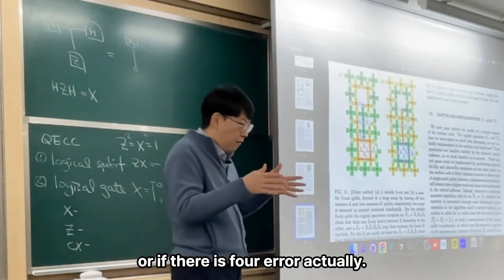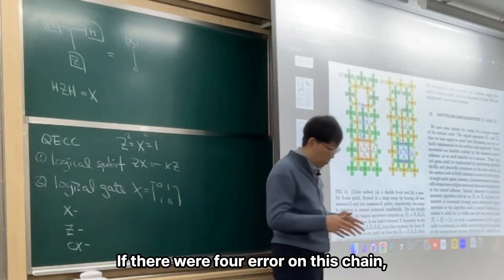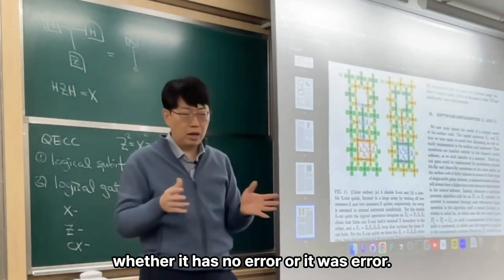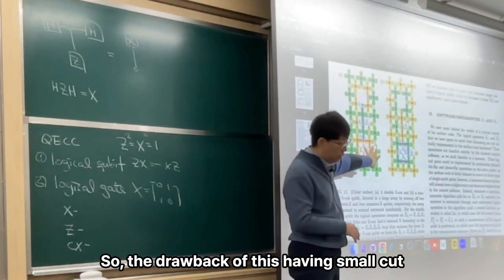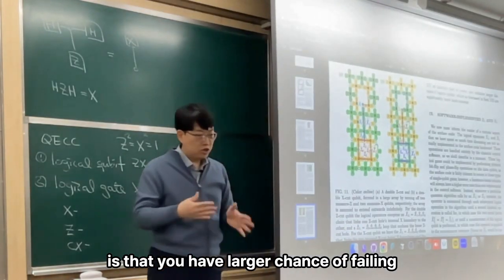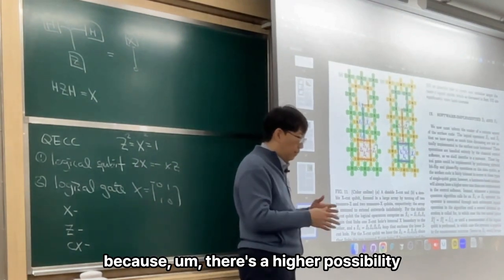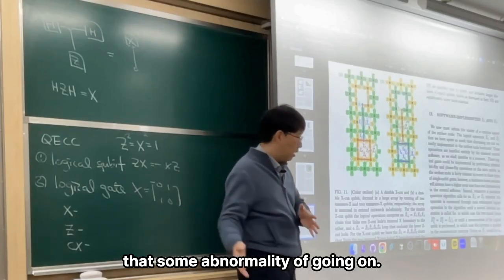Or if there were 4 errors on this chain, you don't really know whether it has no error or it was an error. So the drawback of having a small cut is that you have a larger chance of failing to correct the error, because there's a higher possibility that some abnormality is going on.